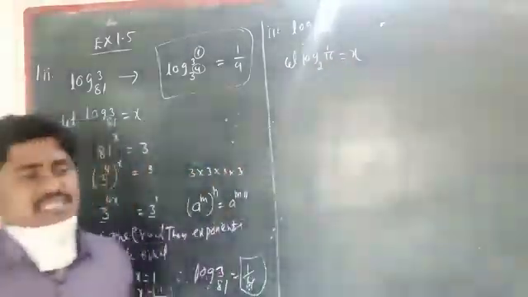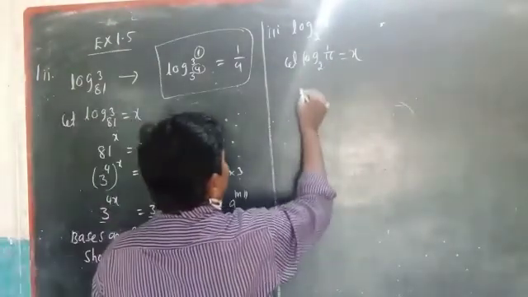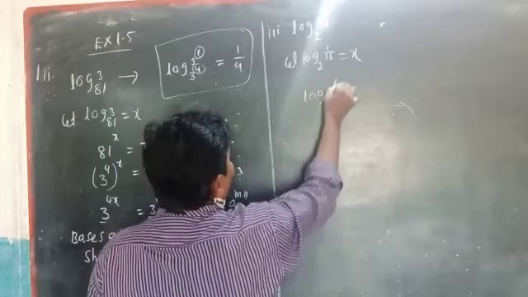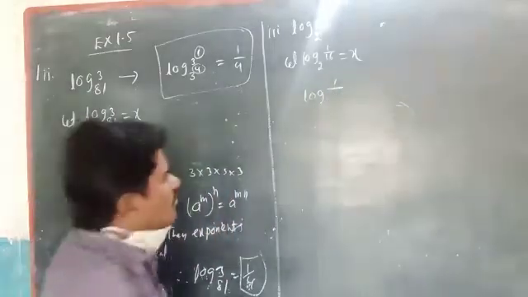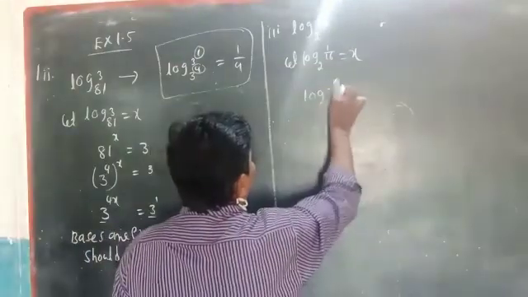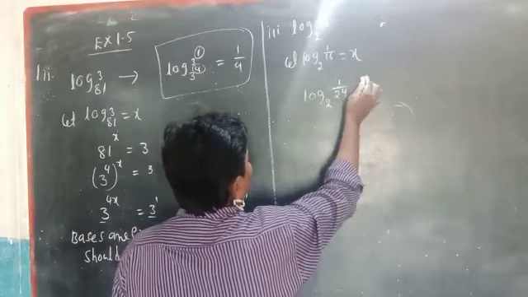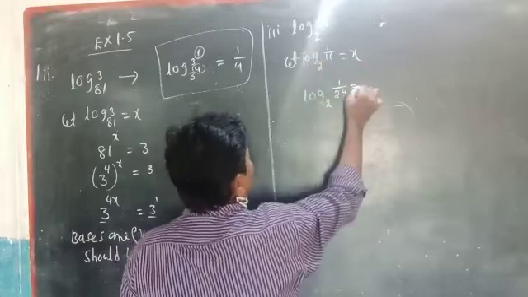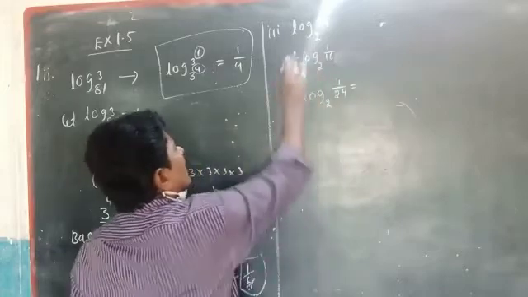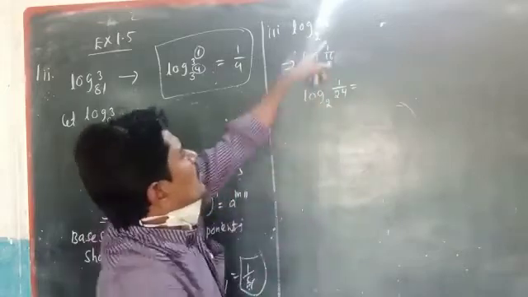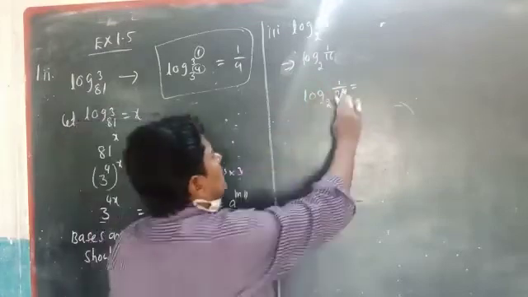Now 16 you can write as 2 to the power of 4. Yes or no? So 1 by 2 to the power of 4, base 2, is equal to x. So this you can directly write: log 1 by 16 base 2 is log 1 by 2 to the power of 4.